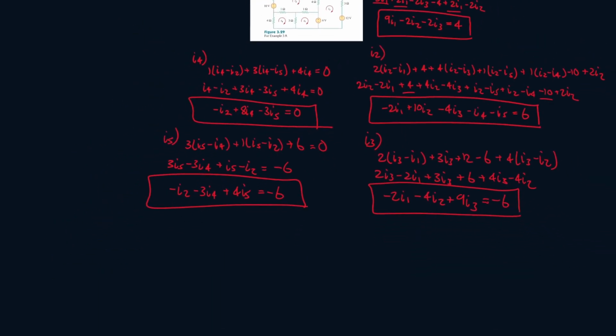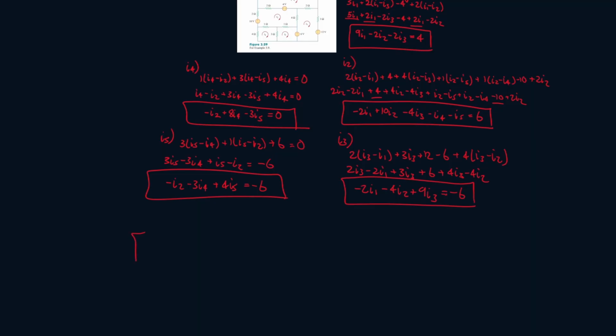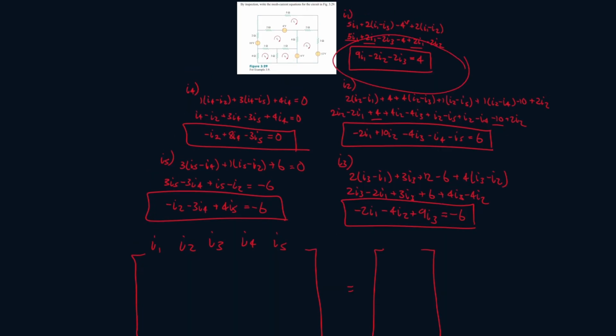Now what we're going to do is write a matrix. Okay, so this will be the I1 column, this one will be I2, I3, I4, and I5, and it'll be equal to whatever the constants are. So for I1, the first equation has a 9, so we'll put 9 here.